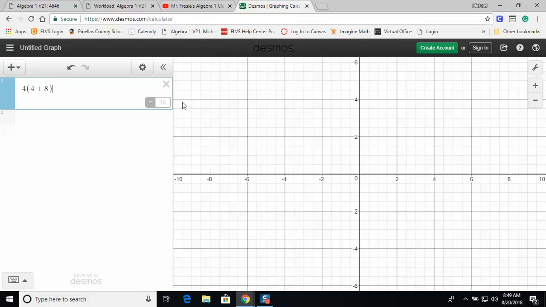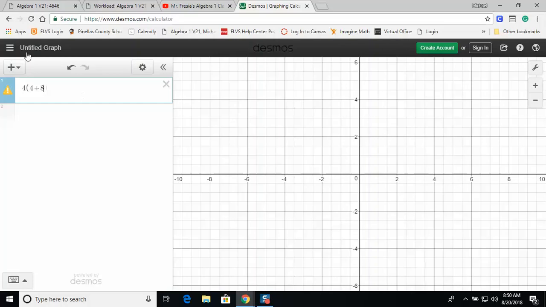So here is 48. Sometimes you can put in the equation. Remember, Shift 6 raises something to a power. That's when you hit Shift and 6. That little up arrow is known as a caret key.